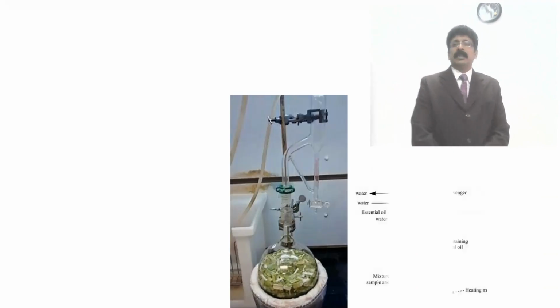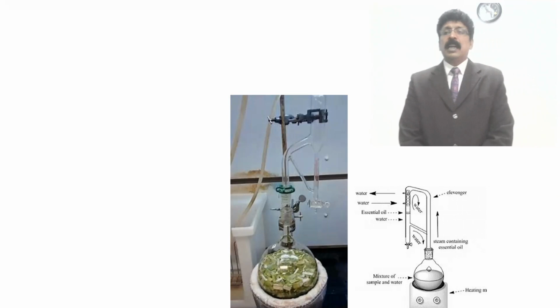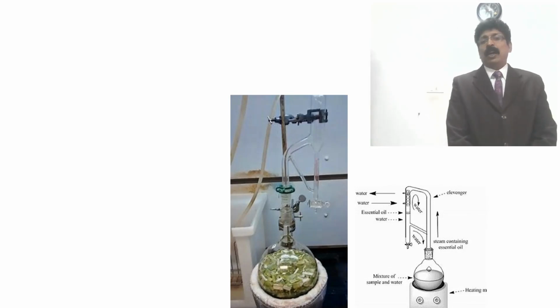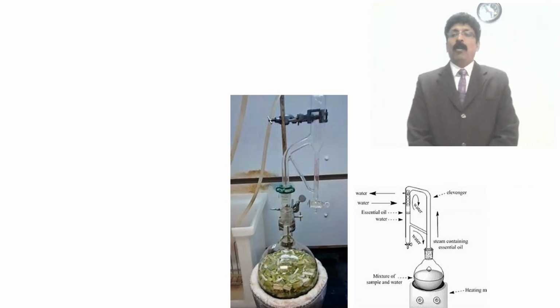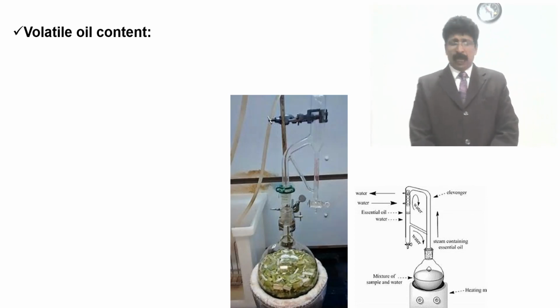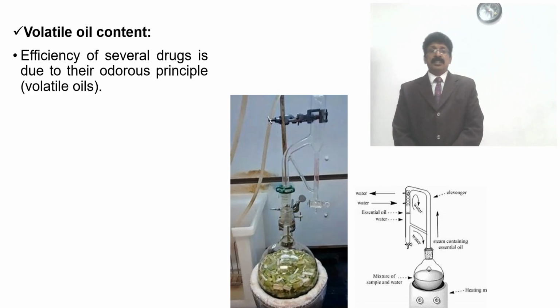So here you can see the apparatus has a side tube and a condenser connected, where the volatile substances will come and condense, and you can collect them in the separated area. How much volatile oil is present in the given sample can be measured by the graduation given in the apparatus.